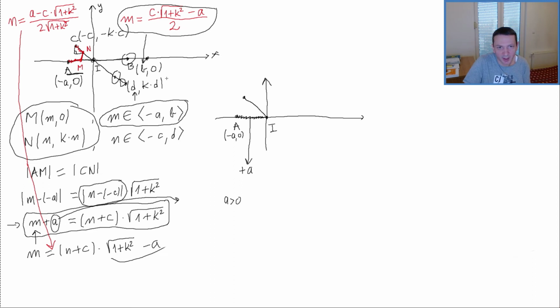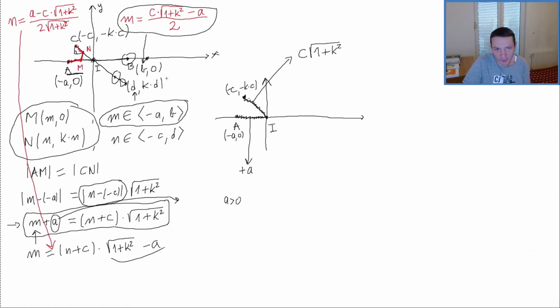A was positive, and the length of this segment is actually c times square root of 1 plus k squared, because this point had coordinates minus c and minus k times c, and again by the Pythagorean theorem this length is c times the square root of 1 plus k squared.